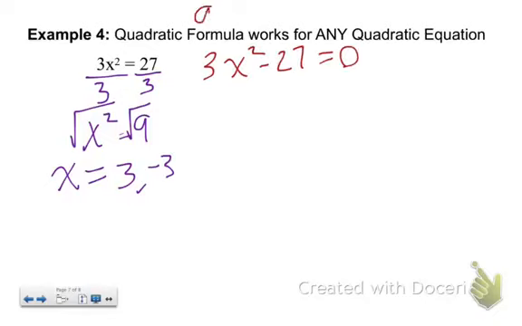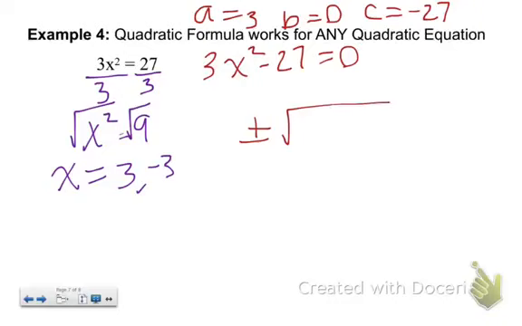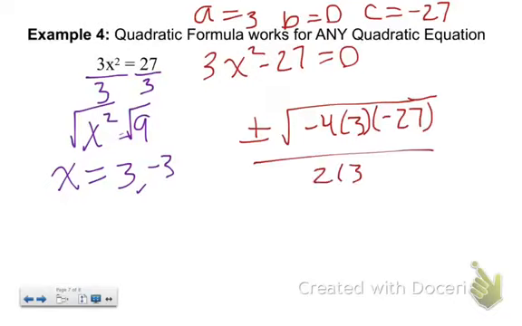Well, this time a is 3, b is 0, and c is negative 27. So let's see how that works. Negative 0, well, that's just 0. So 0 plus or minus the square root of 0 squared is 0, minus 4 times 3 times negative 27 over 2 times 3.